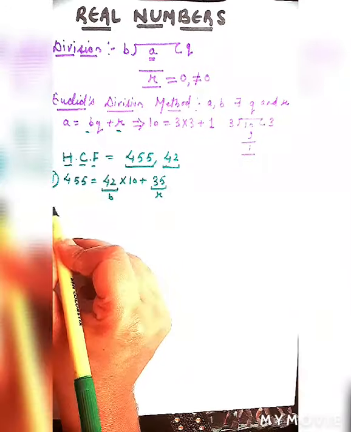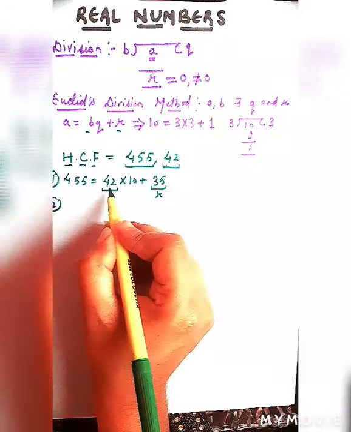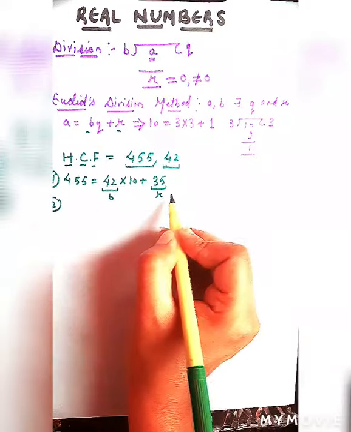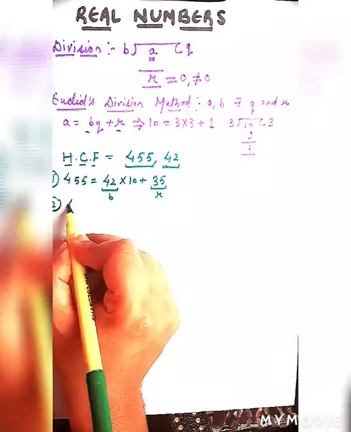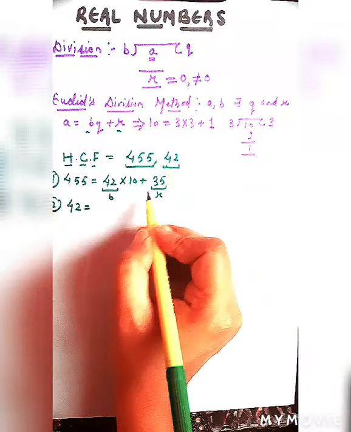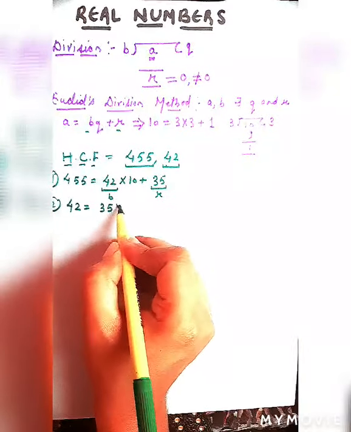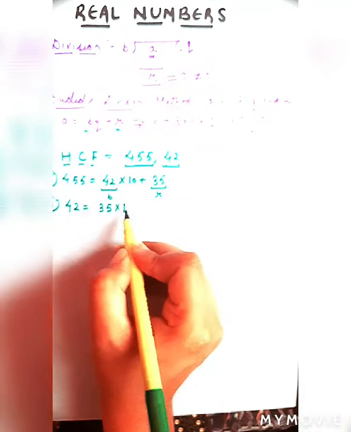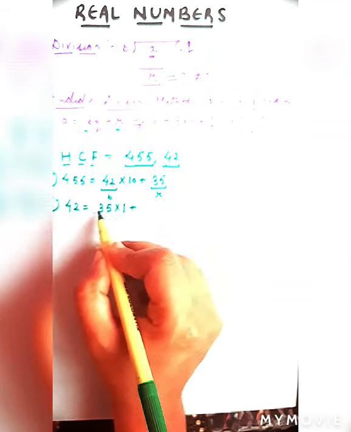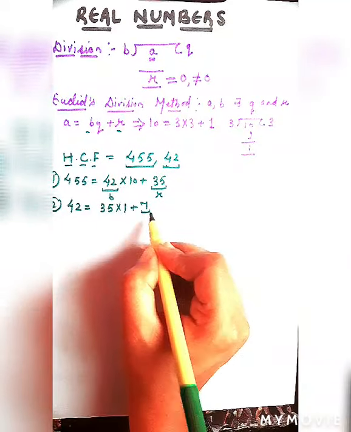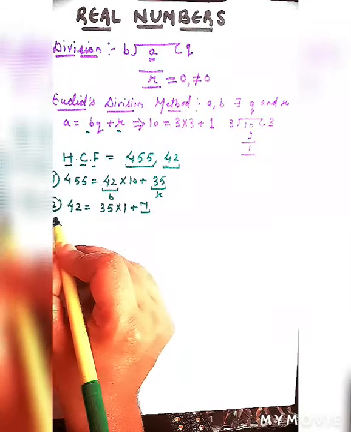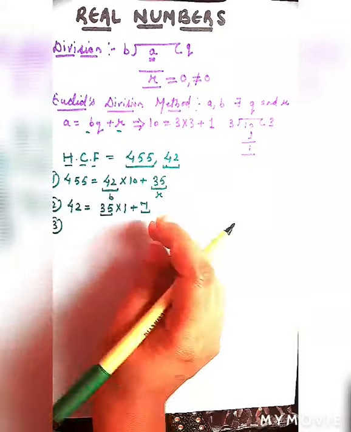Now in the second step, out of b and r, 42 is larger, so we will consider 42 on this side, and 42 is 35 multiplied by 1 plus 7. Okay. So again the remainder is not equal to 0, then again we will follow the same step with these two.